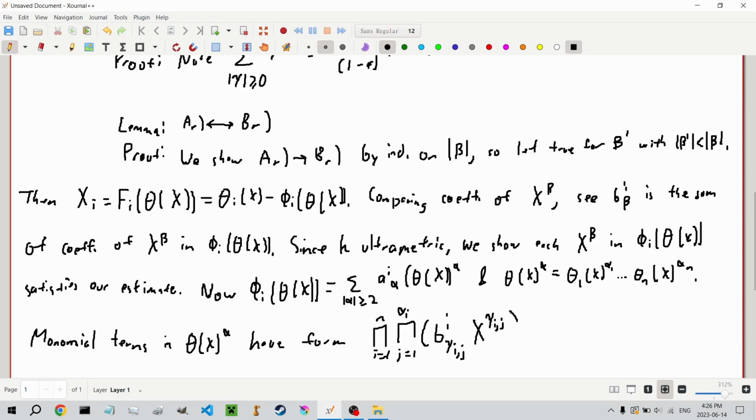I called gamma phi before, I don't know what was up with that. And we want terms with the sum of the gamma_ij's being equal to beta.